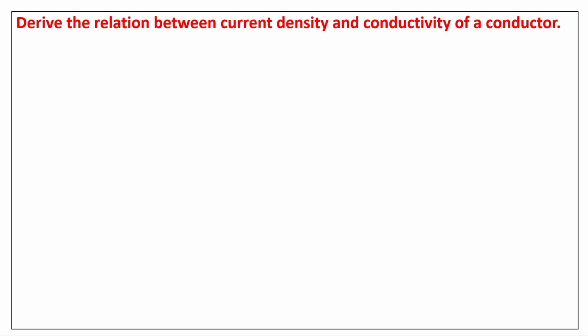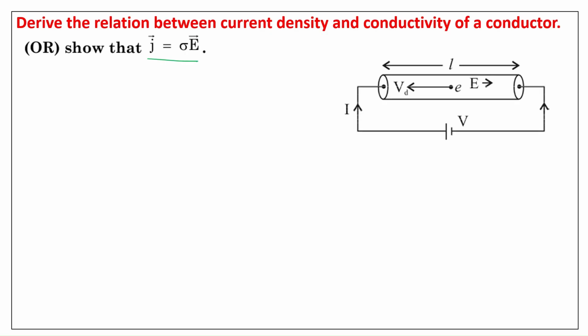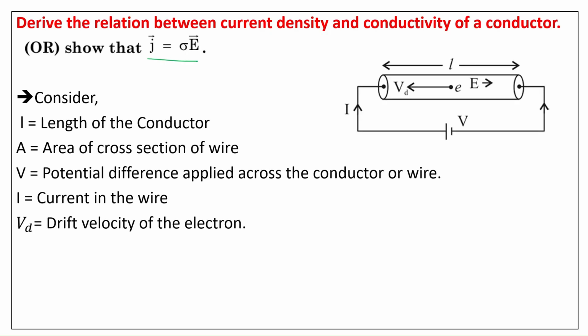Next, let's derive the relation between current density and conductivity of a conductor. Or show that J is equal to sigma E. Proof. Consider a cylindrical metal wire of length L and uniform cross-sectional area A. The conductor is connected to a battery as shown in figure.